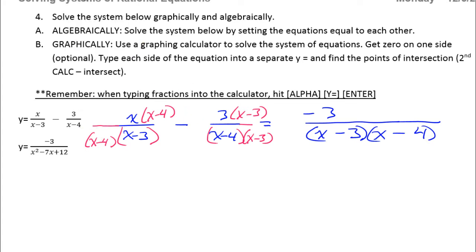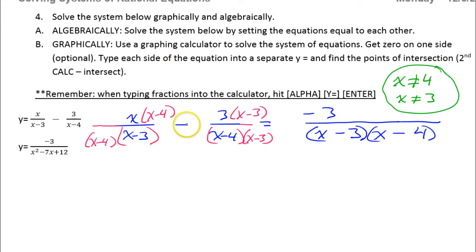Let's pay attention to our excluded values real quick. So from the x minus 4, I know that x cannot equal 4. And from the x minus 3, I know that x cannot equal 3. So let's make sure that none of our solutions turn out to be these. Be very careful how you deal with this subtraction.